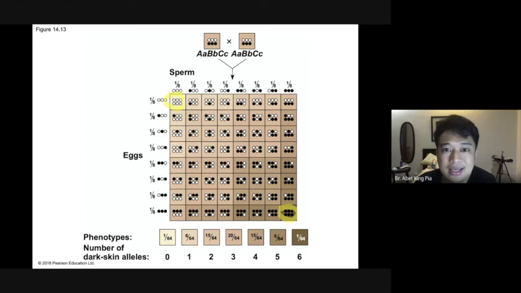Now, in this case, we have this three types of gene, A, B, and C. For simple explanation lang na tatlo yung types ng alleles na pwede nating magamit for the skin color. And if you will cross these two, you will have this as your probable gametes, 2, 4, 6, 8.